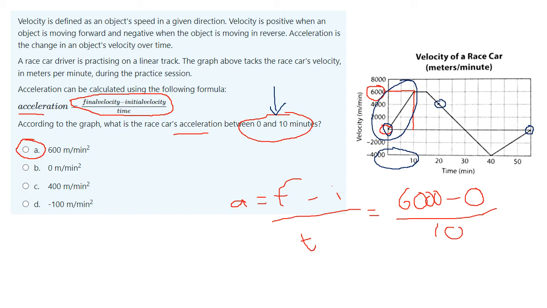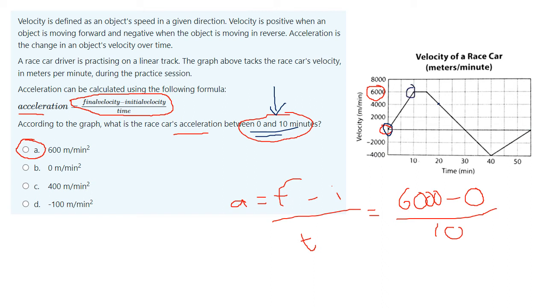If you got a minus number, then you might have been looking at the first 40 minutes, where you had minus 4,000 minus 0 divided by 40. So it's very important you read the question carefully. You find those numbers on the graph. And when you found those numbers on the graph, then you put the numbers into the formula.